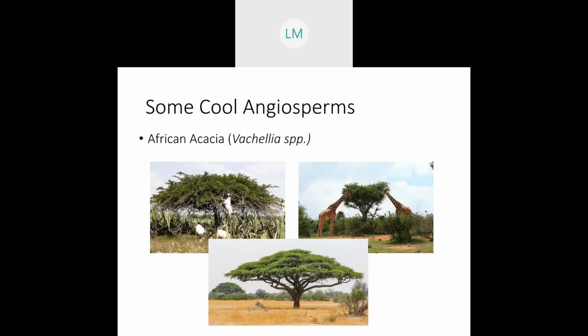And then the last one I wanted to talk about, the African acacia tree, is this pretty iconic Saharan tree that you see in Africa. You typically associate it with things like giraffes, but this plant actually can communicate with other plants of its species through the release of this ethylene gas.